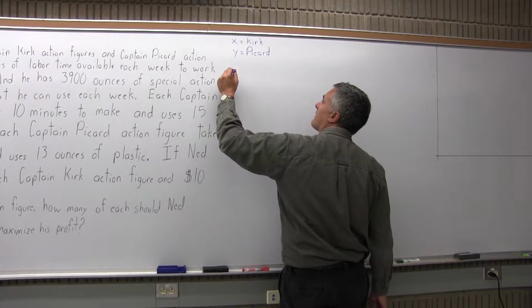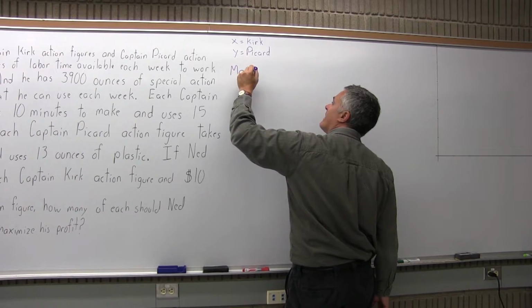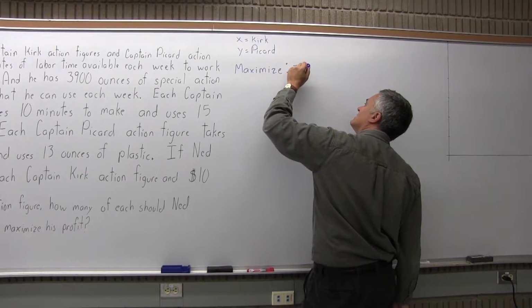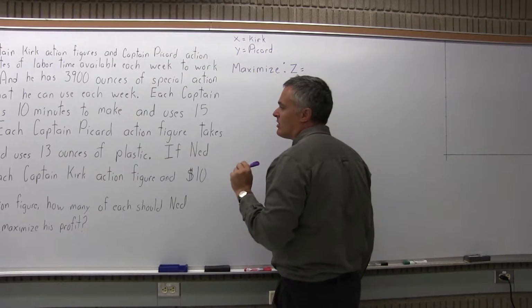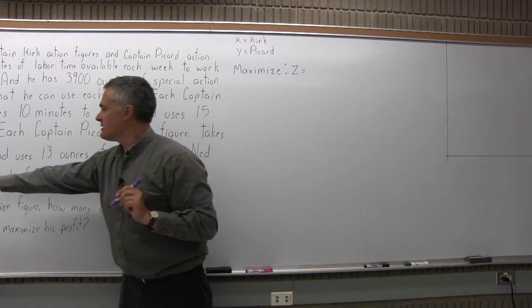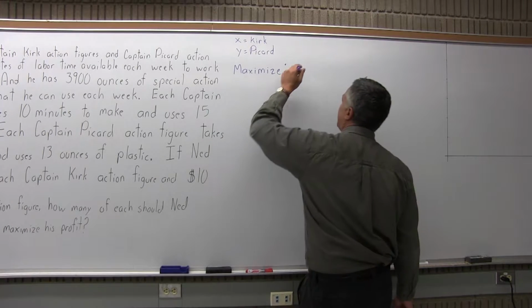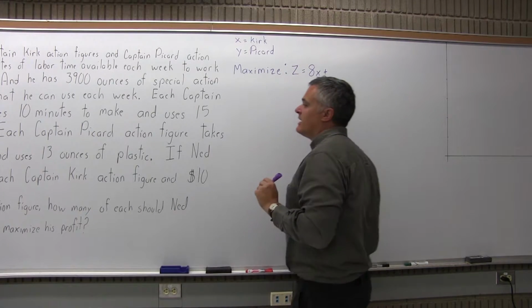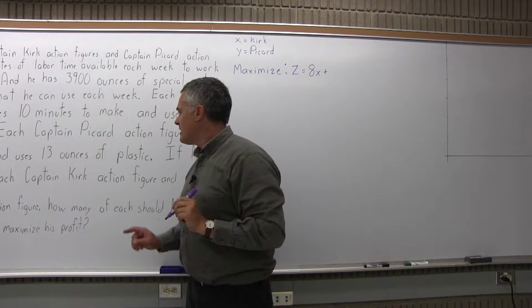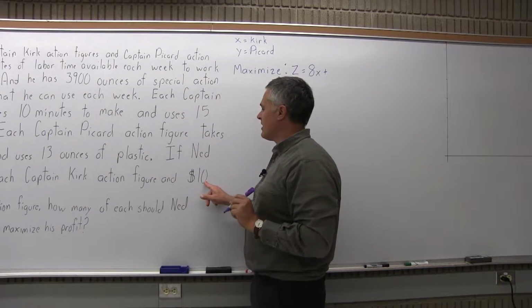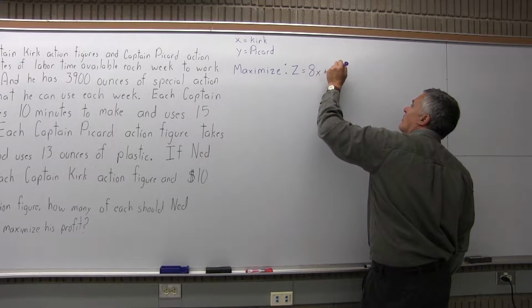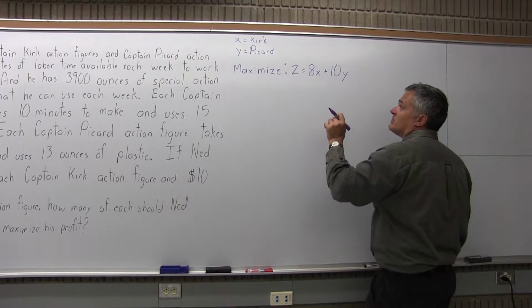So we're going to write maximize Z equals, so Captain Kirk is X, and every Captain Kirk is going to get Ned $8 of profit, so 8X, plus every Captain Picard is Y, and every Captain Picard gets us $10 of profit, so 10Y. So there's our objective function.